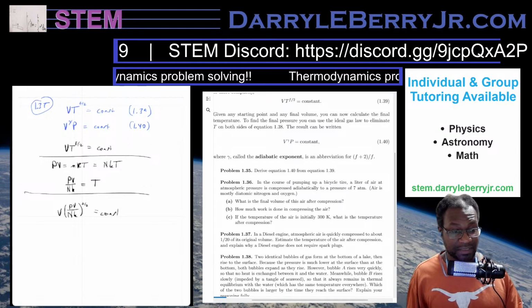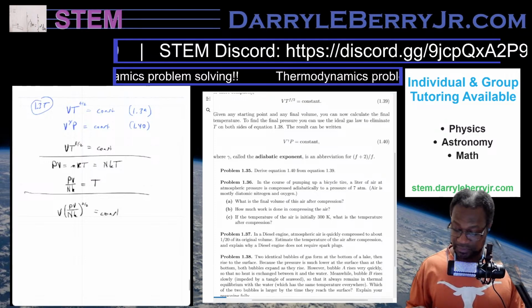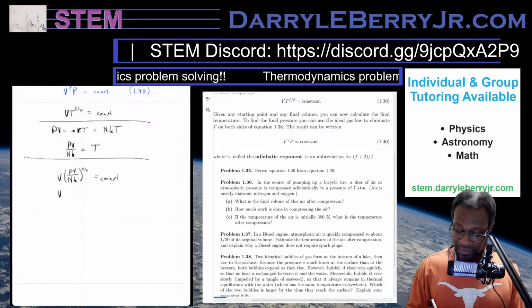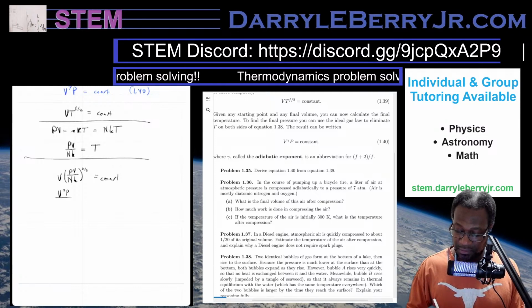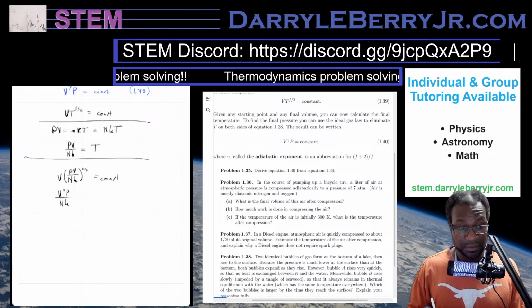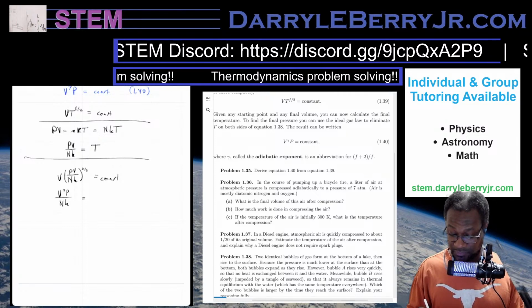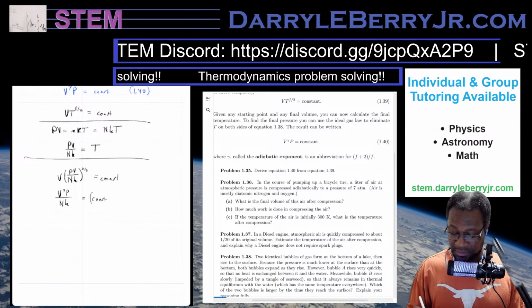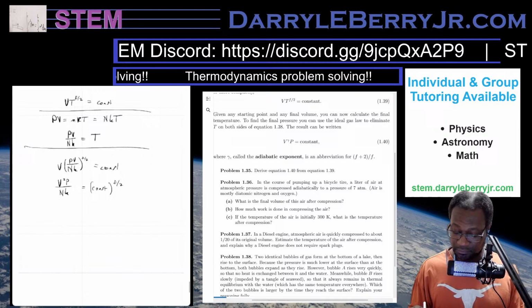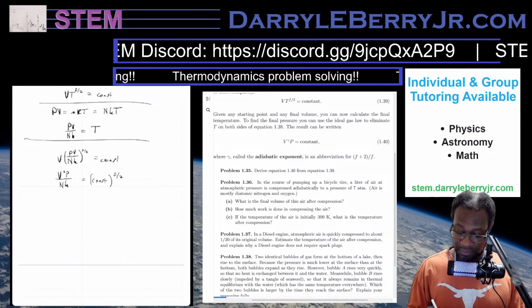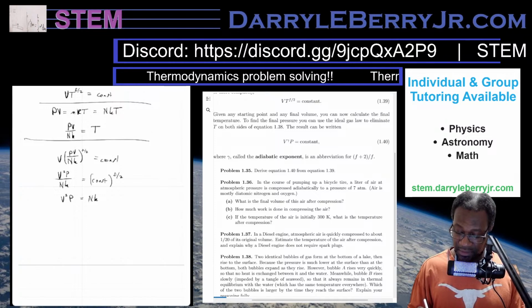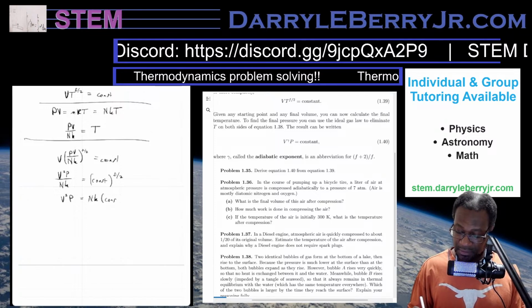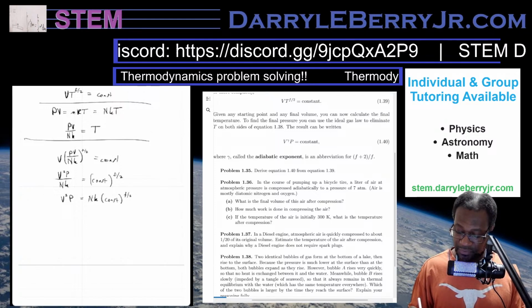Raising both sides of this equation to the power 2 over f gives V PV over Nk equals constant to the 2 over f. So we can say V^(2/f) T equals Nk times constant^(2/f).